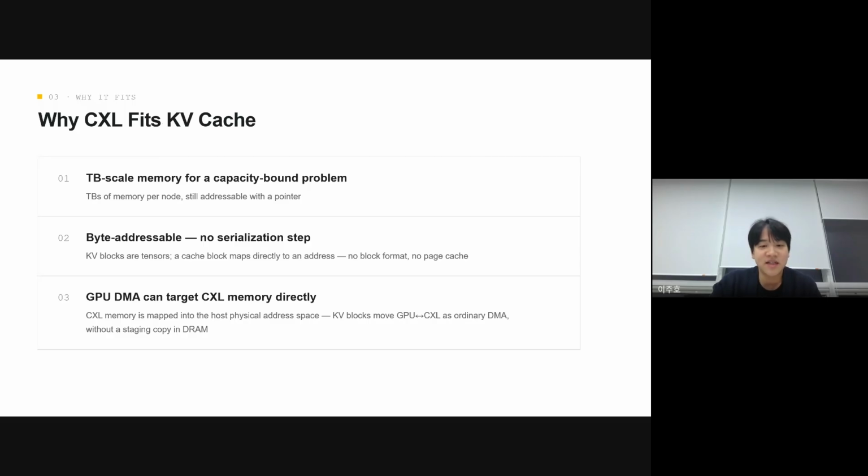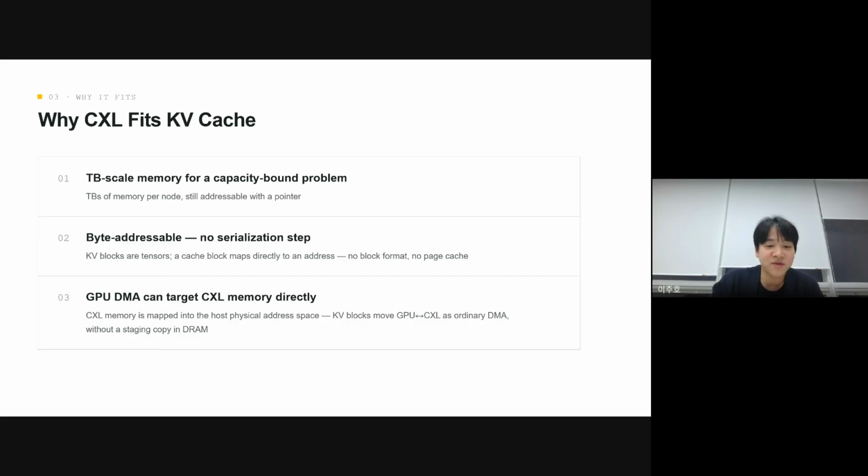So let me connect this back to KV cache. There are 3 reasons why CXL fits KV cache offloading. First, it can offer terabyte-scale memory for a capacity-bound problem, and you can still reach it with a normal pointer from code. Second, it is byte addressable, so there's no serialization step or additional job you have to take care of.